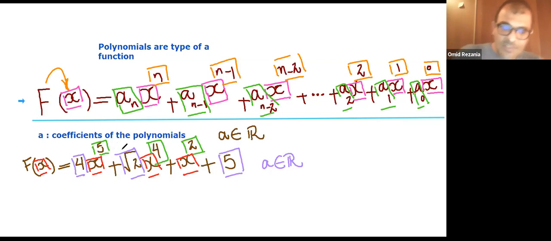In this example, n is the highest power of your single variable function, the greatest one. We have 5, 4, 2, and 0. Essentially, it's going to be x to the power 0, which becomes 1. Then we see that n is going to be 5.